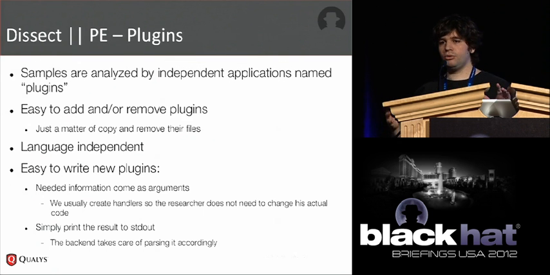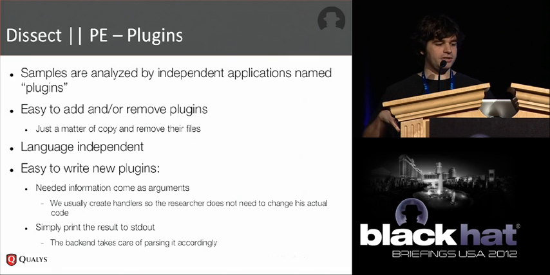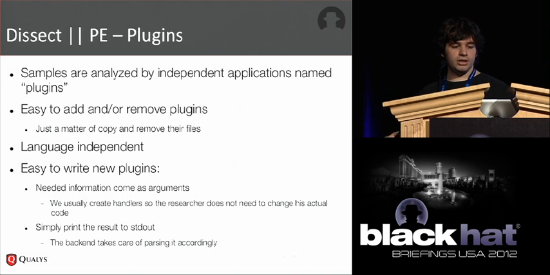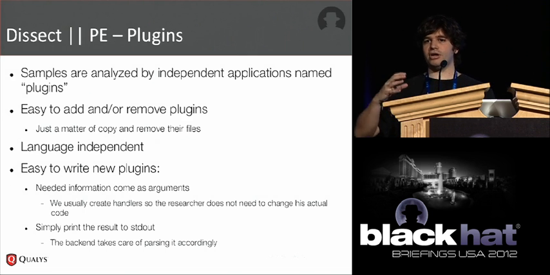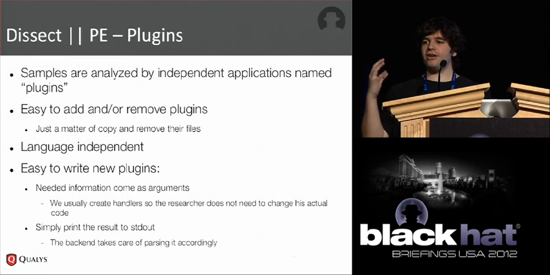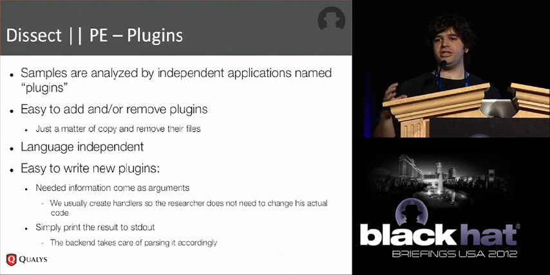We'll talk a little bit about plugins here, because it's a flexible point. For us, each algorithm, each piece of code that analyzes samples, is called a plugin. They are very easy to add to our architecture. It's just a matter of putting the files with the code in specific directories in our system, and Dissect PE does all the rest.